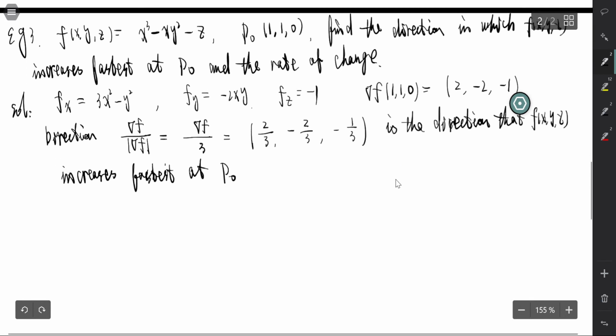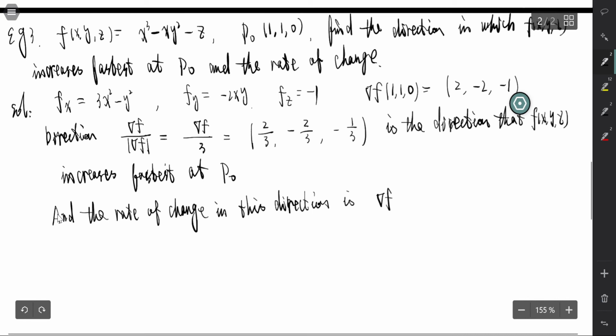In this direction, the rate of change is just the length of the gradient, which we computed before as 3.